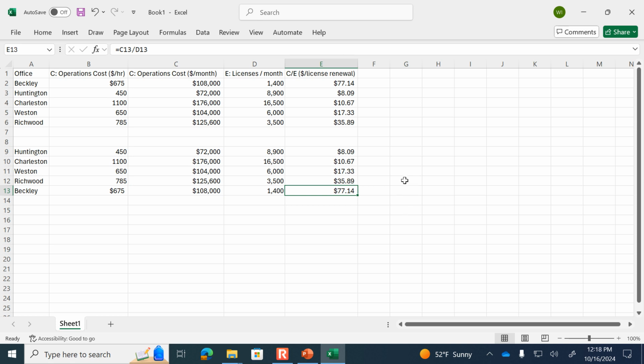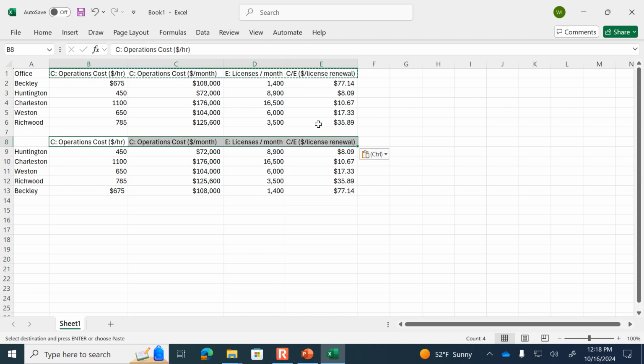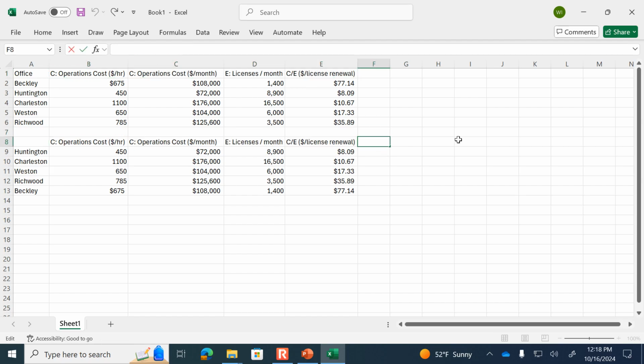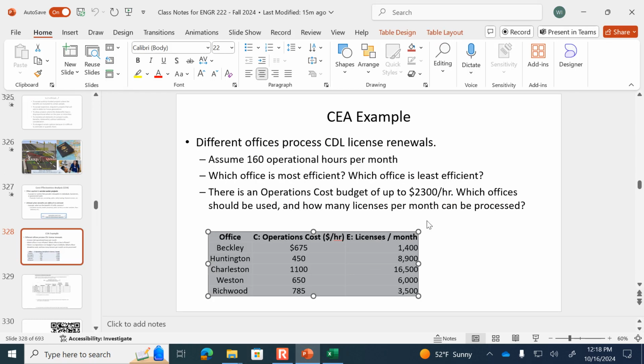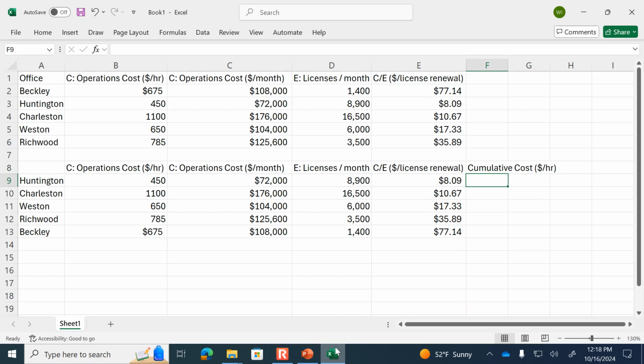And the reason why we want to do that is we want to know the cumulative cost. So all of these titles are the same here, but we're going to add one more column, and that's the cumulative cost. And so this is the dollars per hour, because what we know from the problem statement is that there's a limit of how much money that can be spent. $2,300 per hour can be spent to keep these offices open.